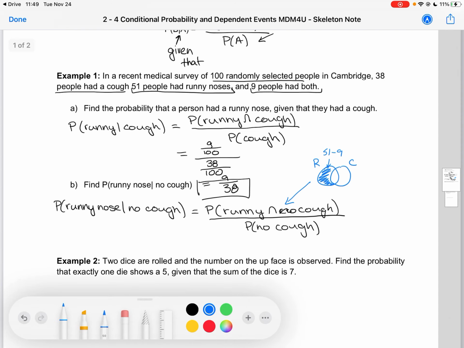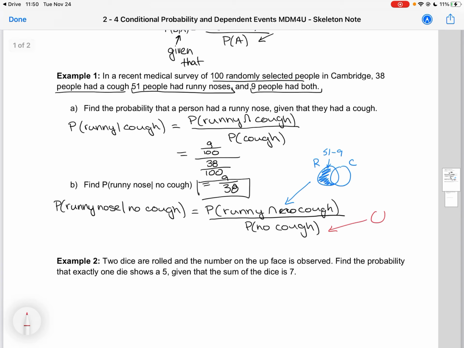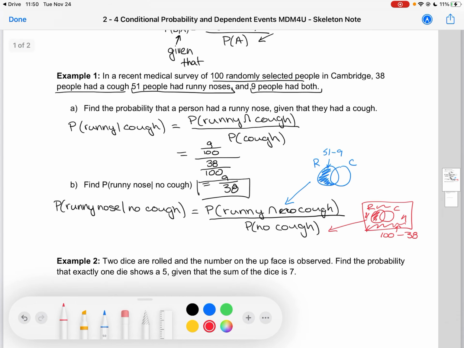On the bottom, we're going to do almost the same thing. The people that had no cough are the people that are outside this Venn diagram, so everywhere except the intersection and the cough only circle. In order to find that, we can do 100 minus 38, so that's using our complement property, essentially.